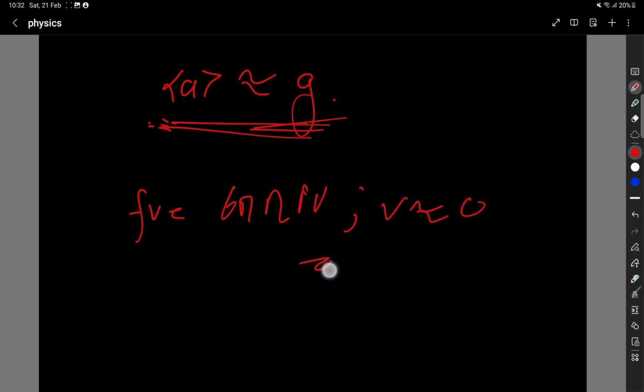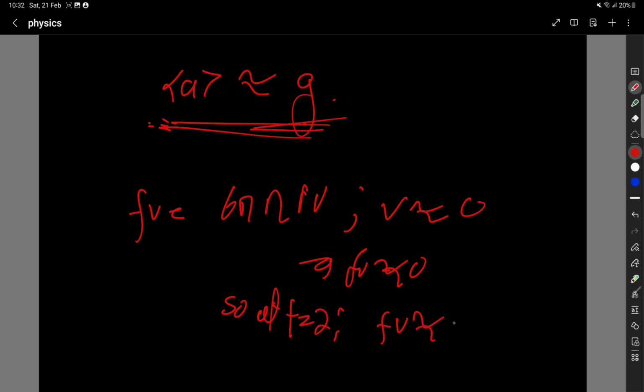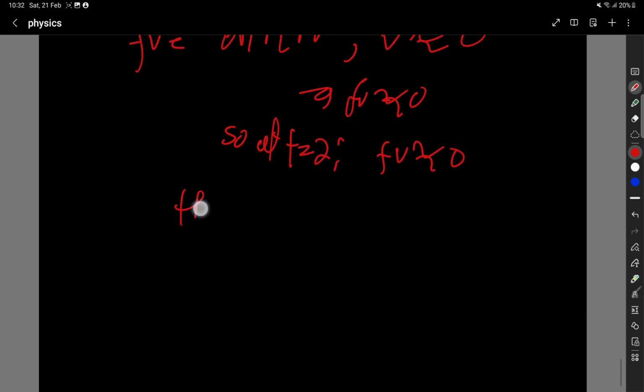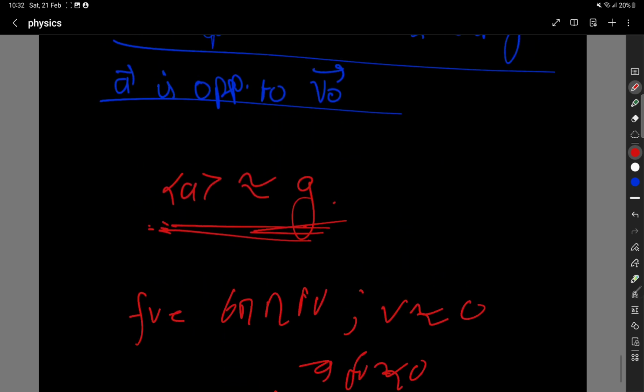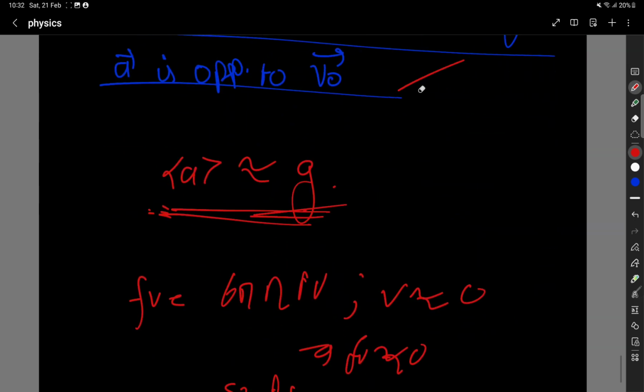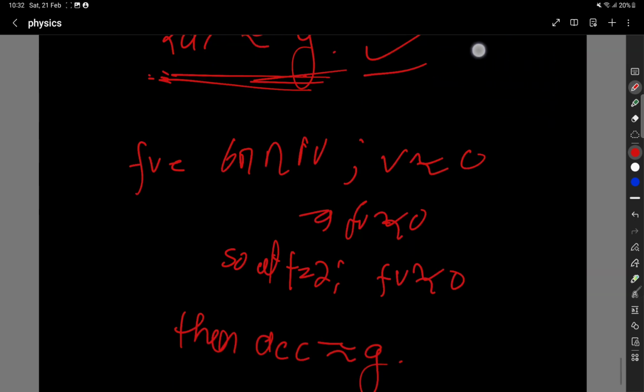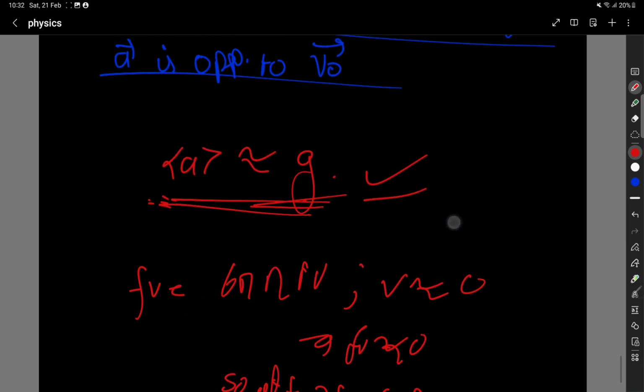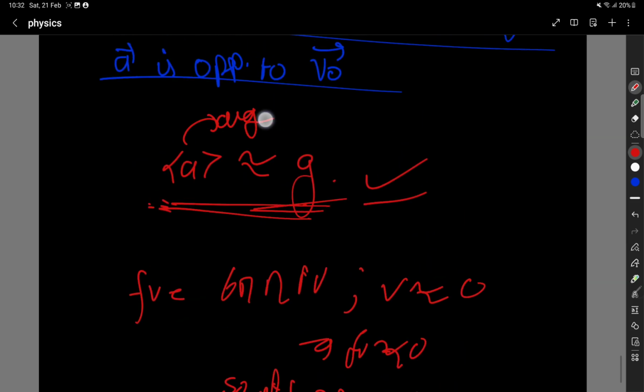V tending to 0 implies this viscous force tending to 0. So at t equal to 2, if the viscous force is equal to 0, then acceleration is close to g. We can have this assumption or this assumption. Both are giving us almost the same result. This is average.